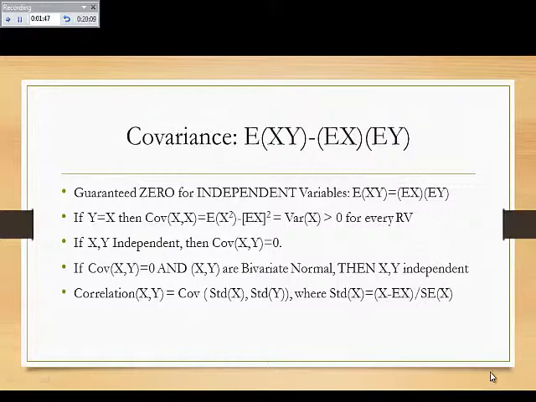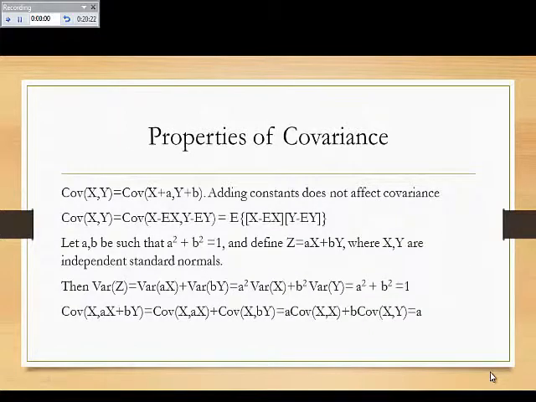So from these formulas you can also see that the correlation is the covariance of xy divided by the standard error of x times the standard error of y. Put the product of the standard errors in the denominator. Now, some more properties of the covariance. Basically, covariance is what differentiates between the bivariate case and the univariate case.